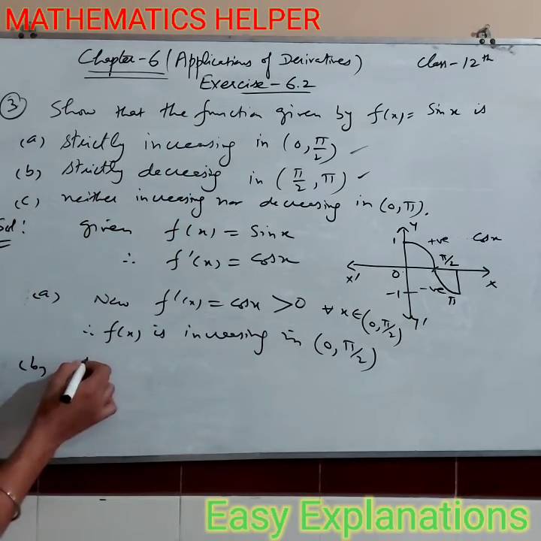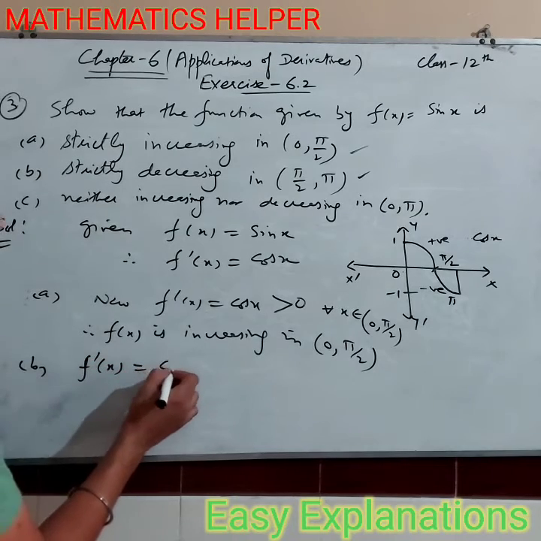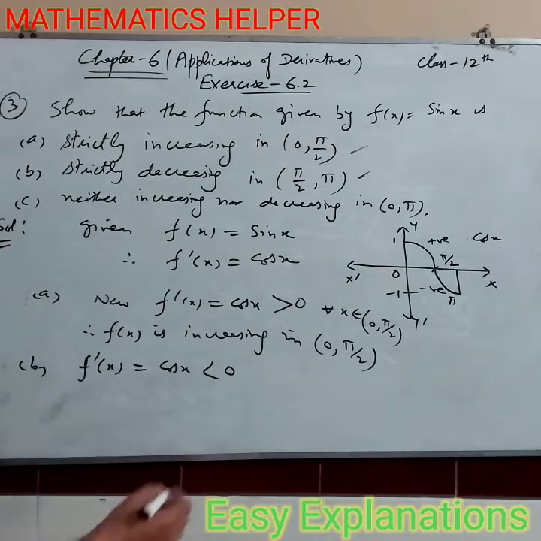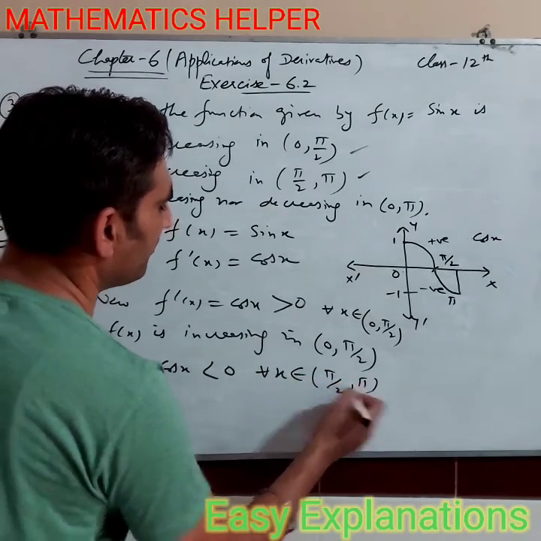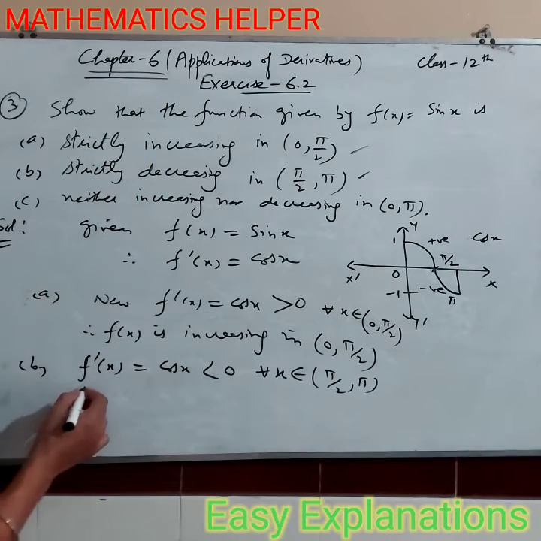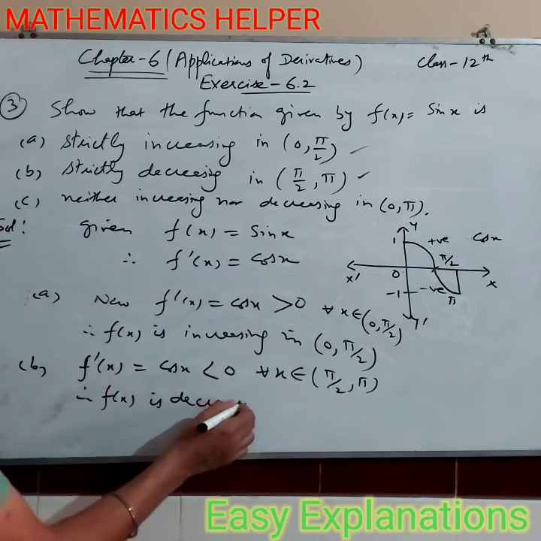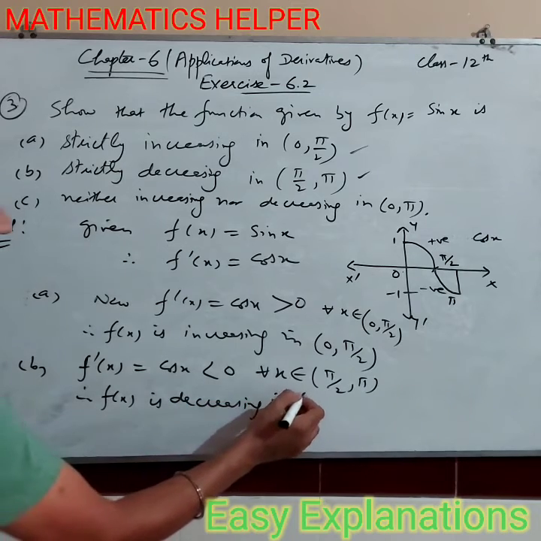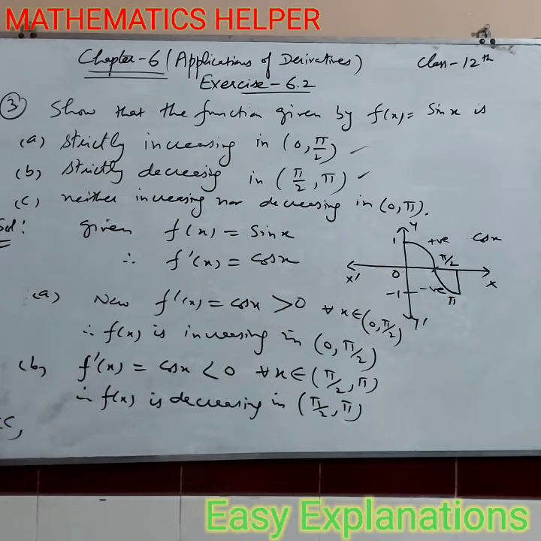B part, f dash x, which is cos x, less than 0 for all x belonging to 90 to 180. So therefore f(x) is decreasing in 90 to 180.